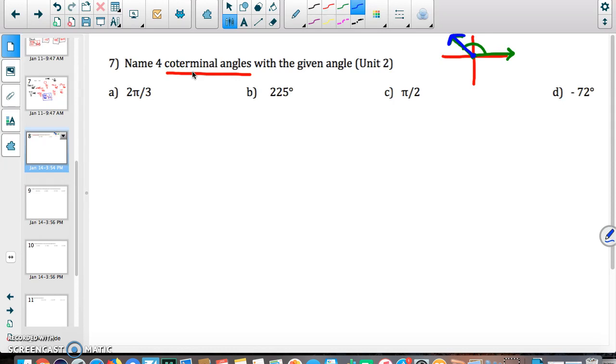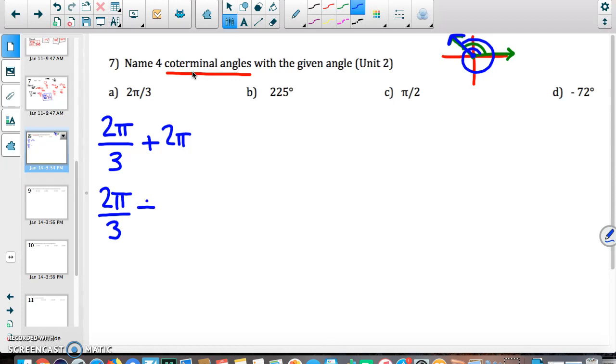We can just add 360 and we'll always be at that same terminal side. So the idea here is just adding or subtracting the period. Since I'm in radians for this first one, I would add 2 pi instead of 360.